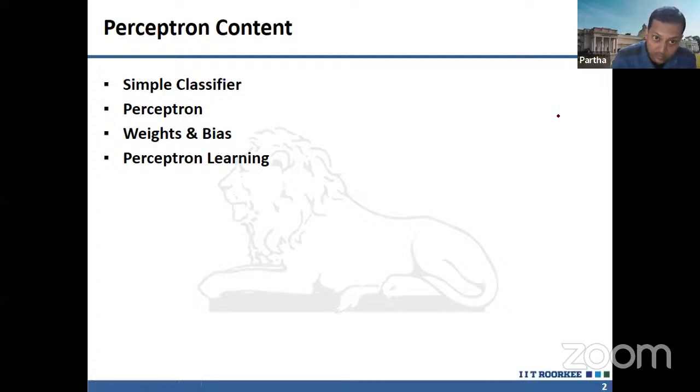Then from that we'll move to the perceptron and its parameters, which are weights and bias. What are these, and how can we handle them? What are the geometrical representations? Next, we'll go through the learning procedure of perceptron learning, and we'll also see the working principle with some simple examples.